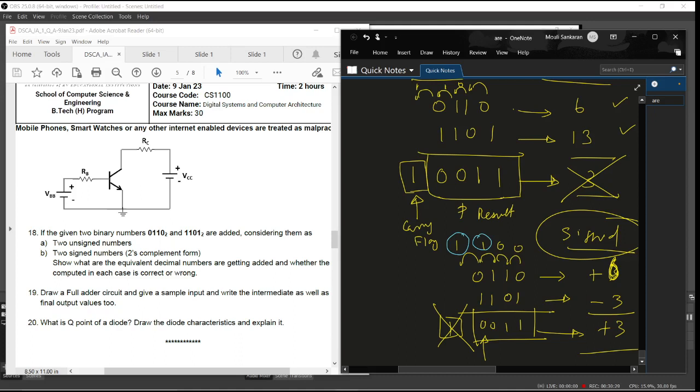This is the one carry which is coming out. In our unsigned case, we only bothered about this carry, the outermost carry coming out. Whereas for signed arithmetic, the hardware is designed so that we take this carry as well as this carry output. Both happen to be 1, and they are fed to an XOR gate.